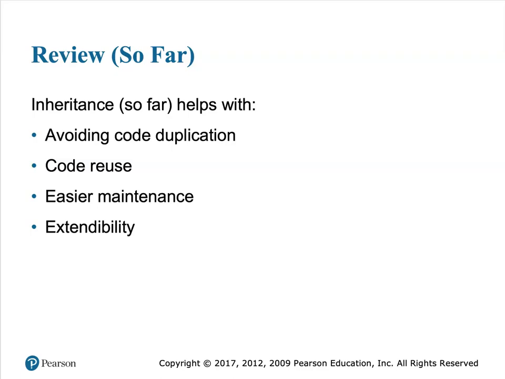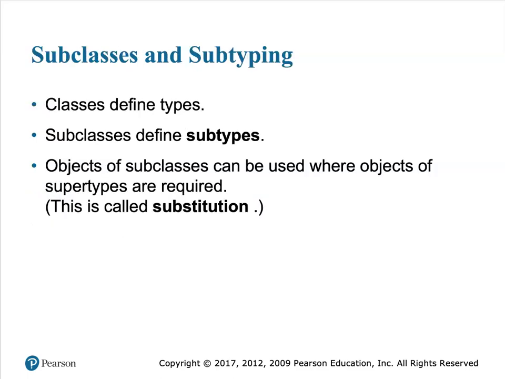Okay, let's press forward with subclasses and subtyping. As you'll recall, every time you make a class, you create a new data type that can then be used for holding variables, for creating variables to hold references to that class.